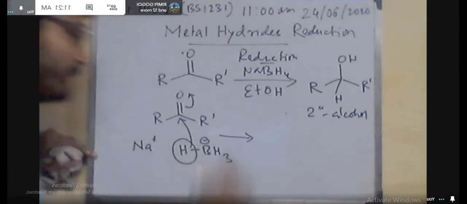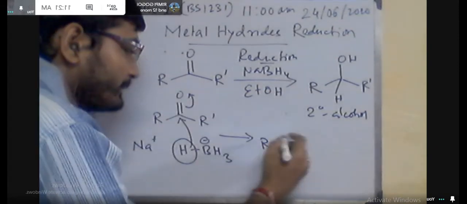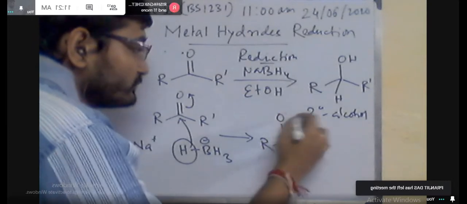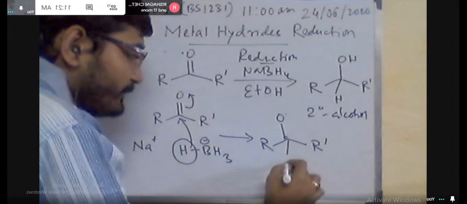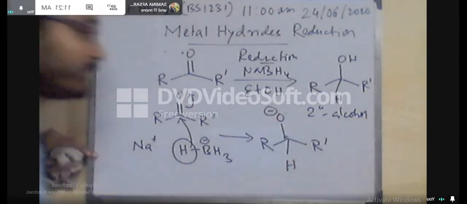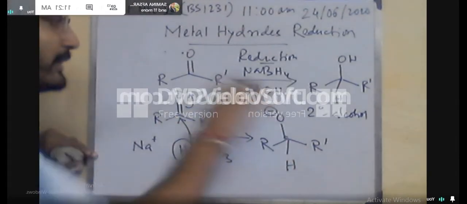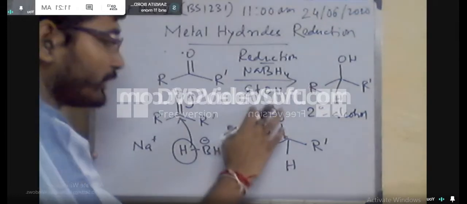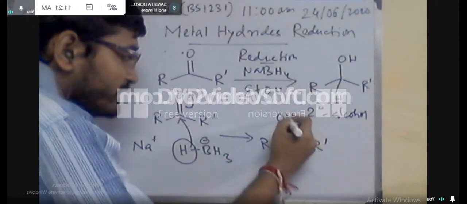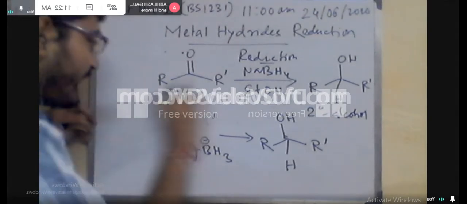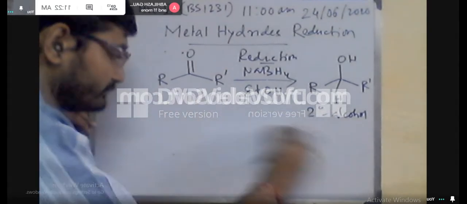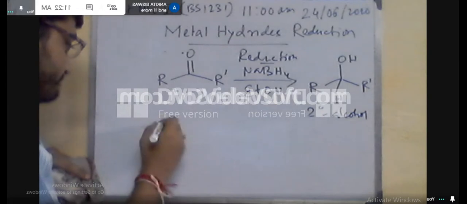Now for specific examples, say in this case, if you use sodium borohydride in presence of ethanol, you can see this is the nitro group. If you reduce the nitro, it can be converted to the amine NH2 group.